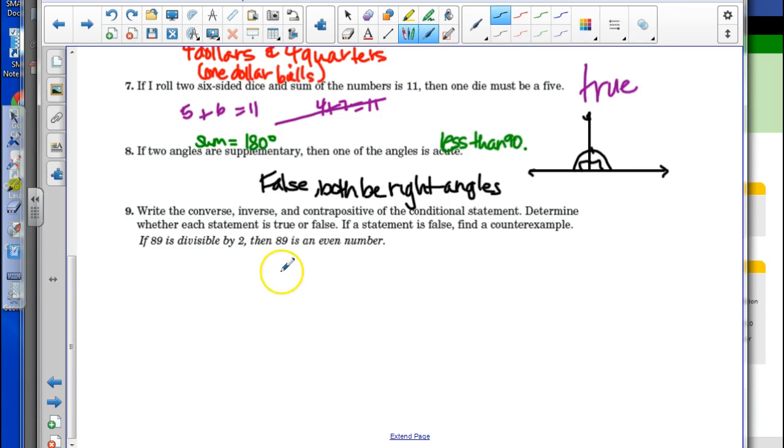All right, so the converse. So let's talk about what all of these mean. First of all, when we talk about hypothesis and conclusion, we can represent those with letters.